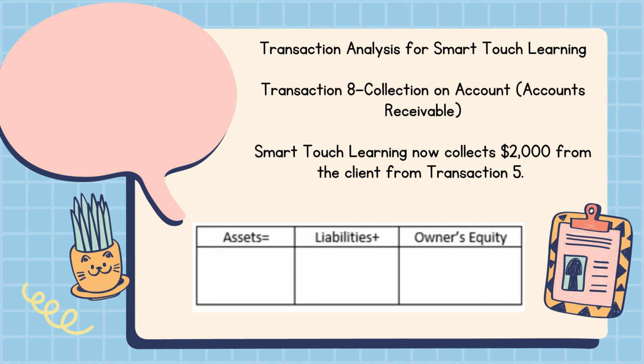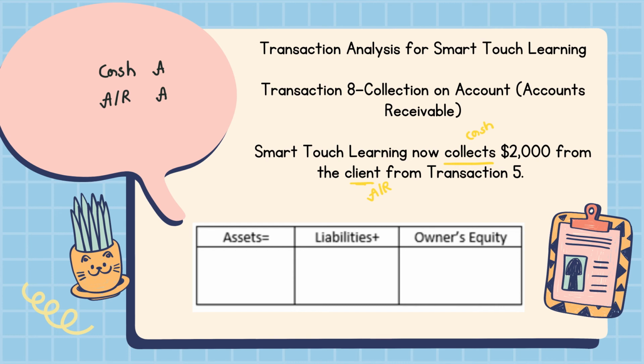So what are the accounts affected by this transaction? Let's see. Collects means cash increased. And I collected from the client in transaction 5, so it's accounts receivable. So both accounts are assets.